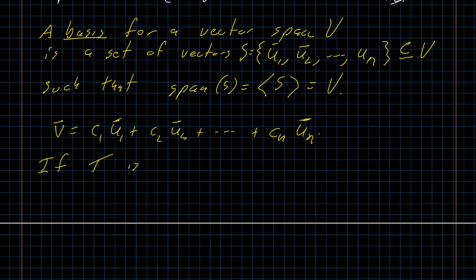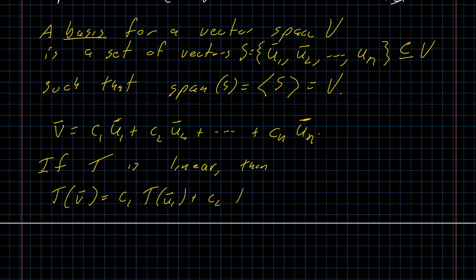if T is linear, then T of V is equal to C1 times T of U1 plus C2 times T of U2 plus all the way down to Cn times T of Un.